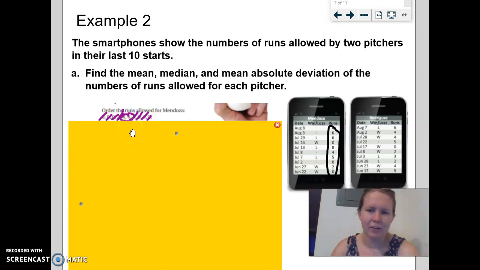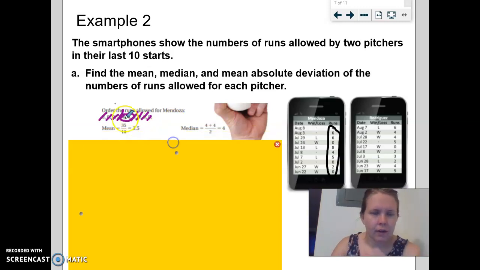I think you'd take the average of them, but they're both going to be 4. So again, for your mean, you're adding all these numbers up. You get 35 divided by 10, you get an answer of 3.5. Then for your median, you add 4 and 4 divided by 2, but you're still going to get 4. So your median is 4.